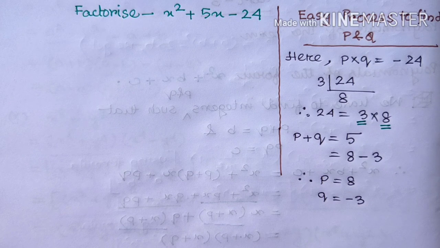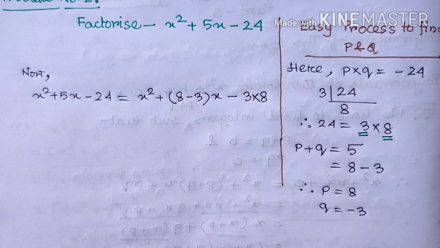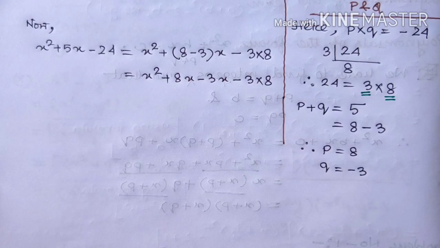Just putting these values in the polynomial we get x square plus (8 minus 3) x minus 3 into 8. Just simple multiplication we get x square plus 8x minus 3x minus 3 into 8.